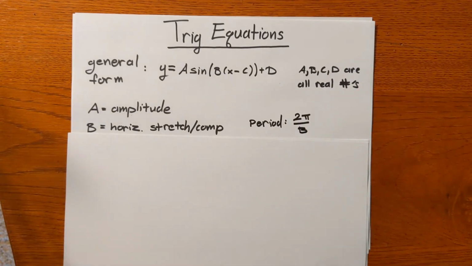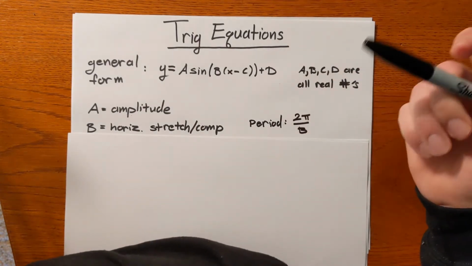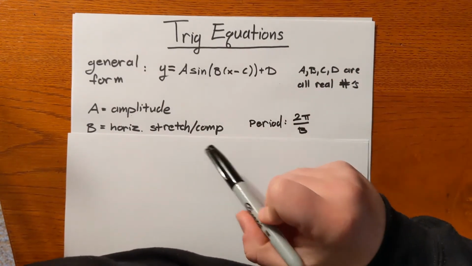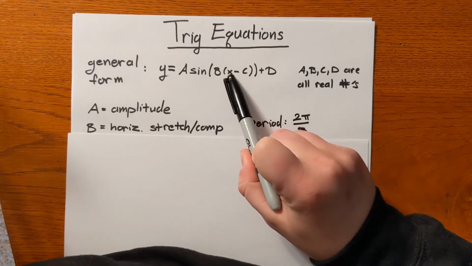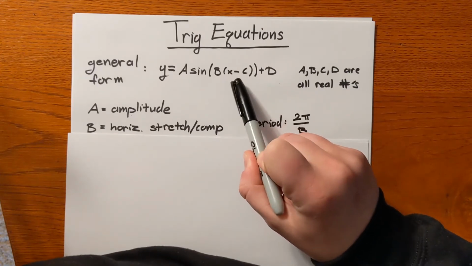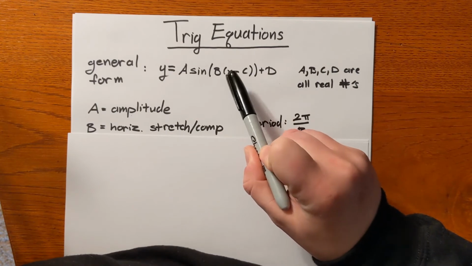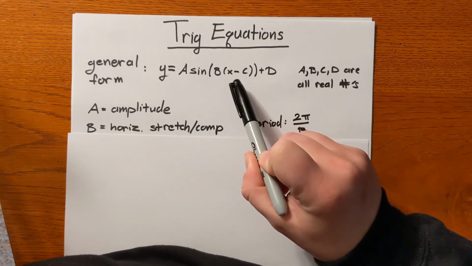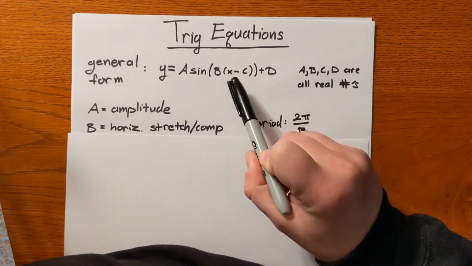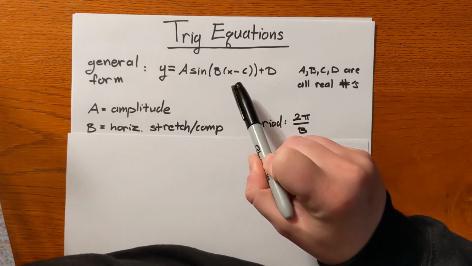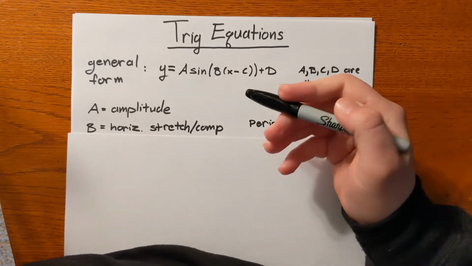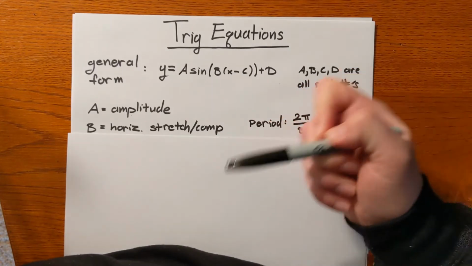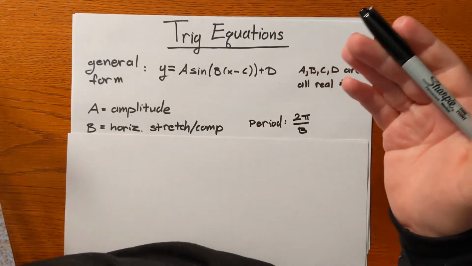So one of the ways you can think of this is once you plug in a value of x and you subtract c from it, before that happens, say b is 2, then all these values of x that we are plugging in are getting doubled because b is 2 before they get evaluated through the sine function.